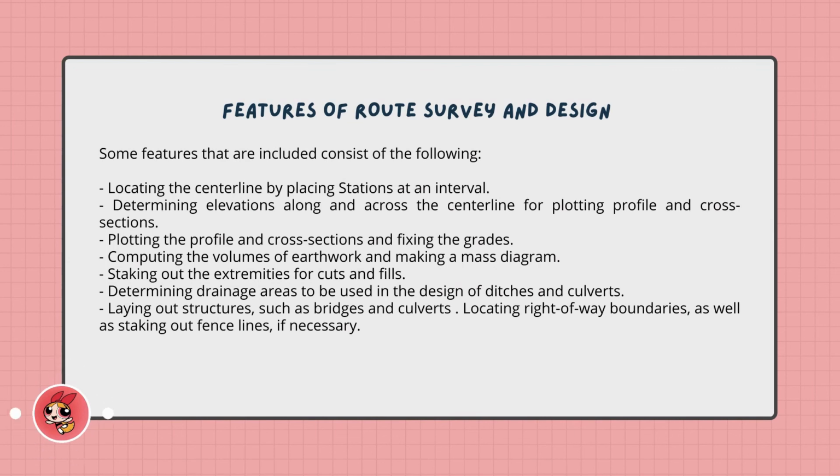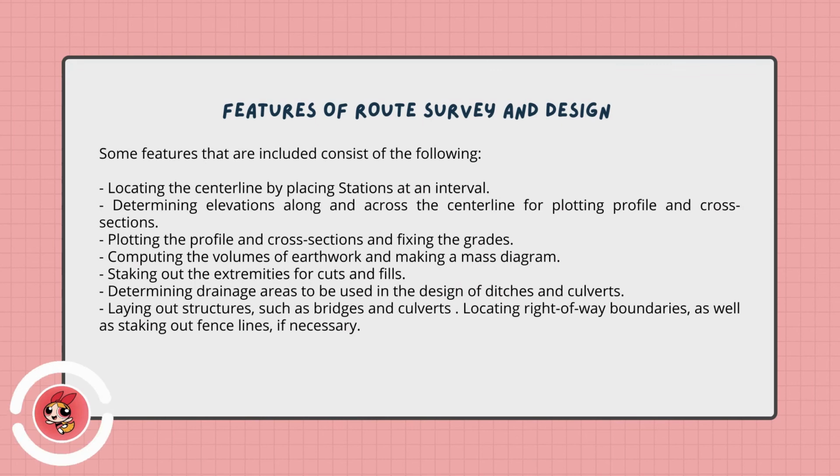Features of route survey and design. Some features that are included consist of the following. First is locating the center line by placing stations at an interval. Second, determining elevations along and across the center line for plotting profile and cross sections. Third, plotting the profile and cross sections and fixing the grades. Fourth, computing the volumes of earthwork and making a mass diagram.